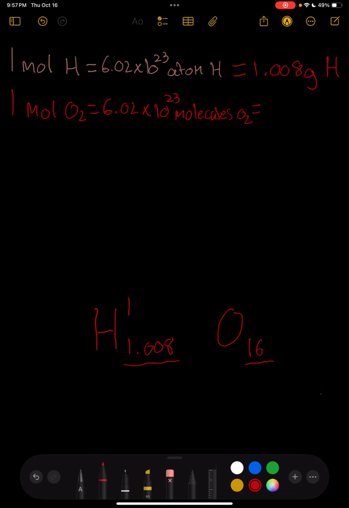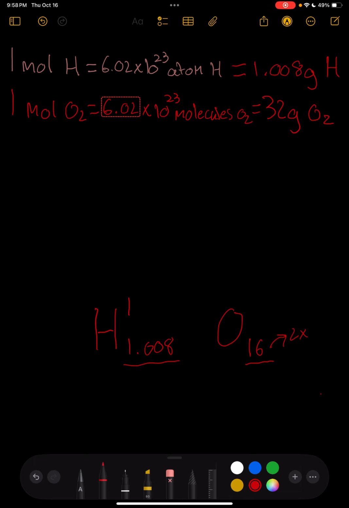So there are 2 atoms of oxygen in 1 molecule of O2. So we need to multiply this number by 2 to get the amount of mass in 1 mole of O2. So we know that 16 times 2 equals 32. So we know that there are 32 grams of O2 in 1 mole.